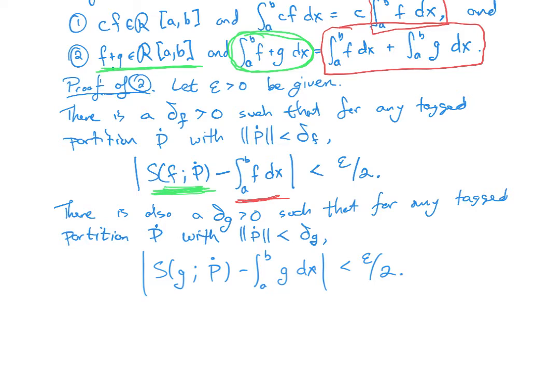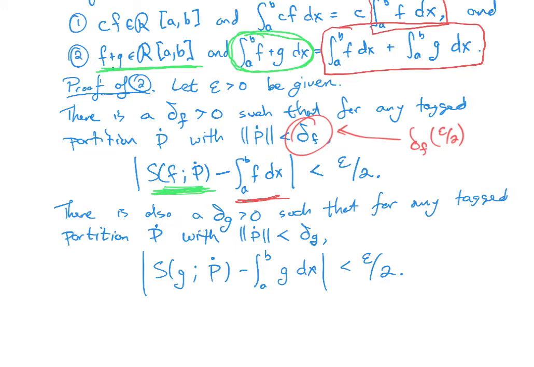Now, last time I believe we would have written this delta sub F of epsilon over 2. You can do that if you want, just to remind yourself that that's the delta for epsilon over 2. Or you can not do it, like we've done our limit proofs.